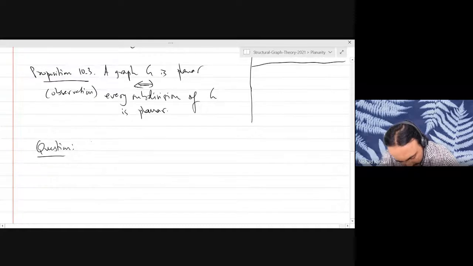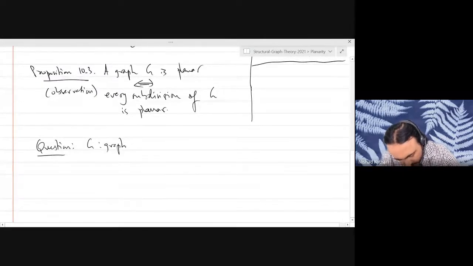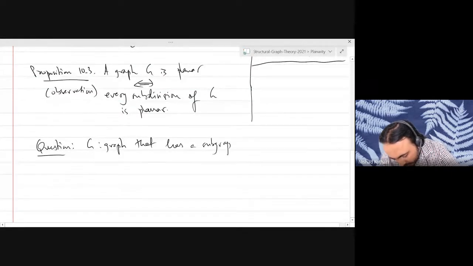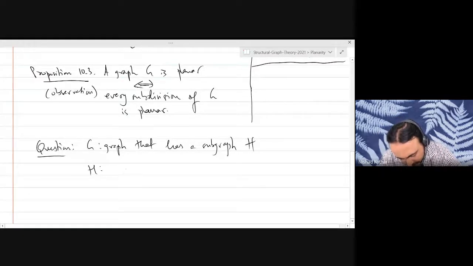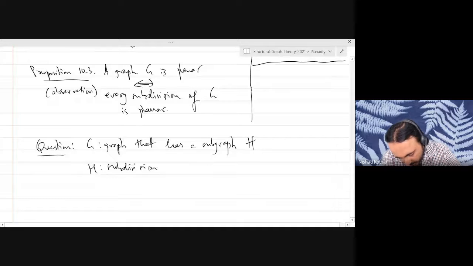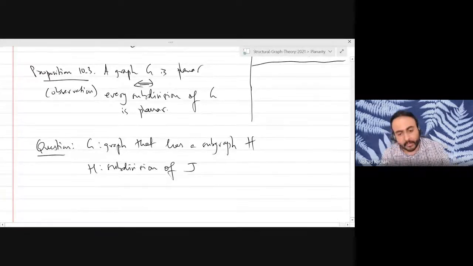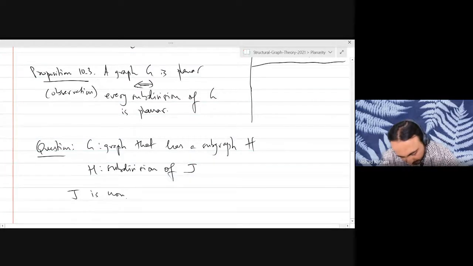Let's say G is a graph that has a subgraph H, and H is a subdivision of some graph J, and J is non-planar.